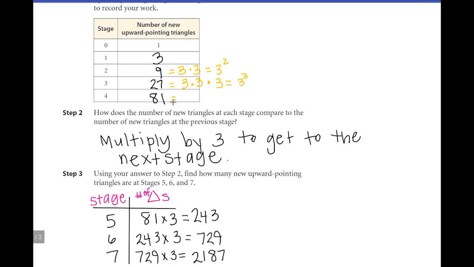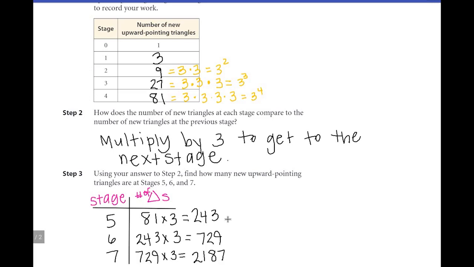And then 81, well, that's 3 times 27, but 27 is 3 times 3 times 3. So that means that 81 is the same thing as 3 times 3 times 3 times 3, or 3 to the 4th.